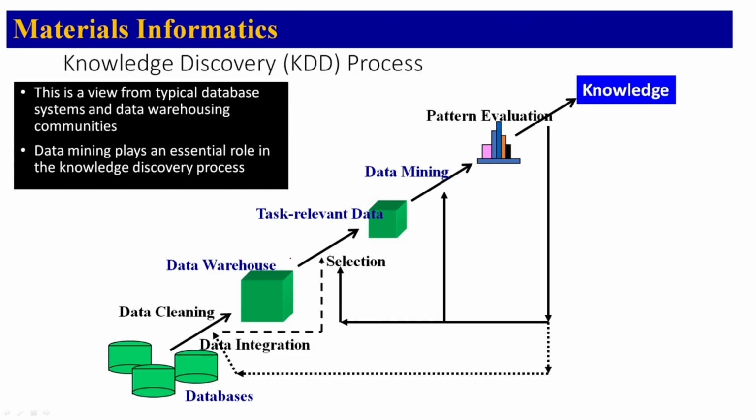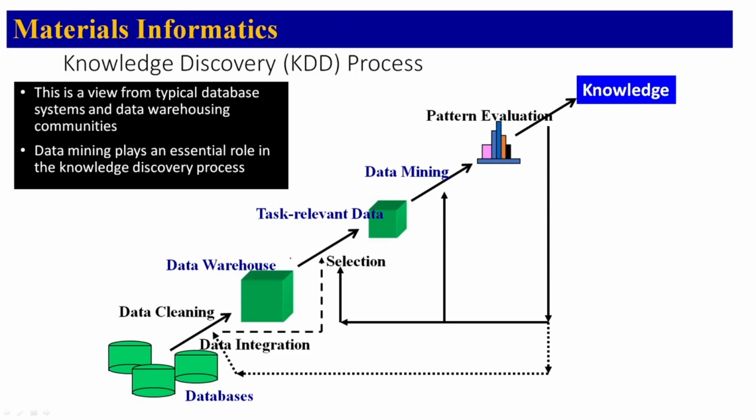And from there onwards, what is called selection comes. So, that means task relevant data are selected, because data warehouses are everything. It is just like if you want to go to an online store like Amazon, and you will be selecting items which you like to buy, right. So, you have a warehouse where all kinds of items are kept, and then from there you will be selecting whatever you want.